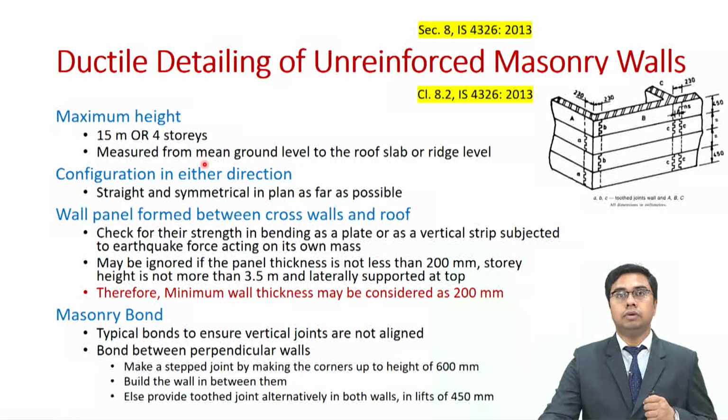This is measured from mean ground level to the roof slab, or if you have a pitched roof, then up to the ridge level. Further, we need to have masonry walls straight and symmetrical in plan as far as possible. This is true for both the direction along x and along y. This symmetry always helps in achieving good seismic resistance.